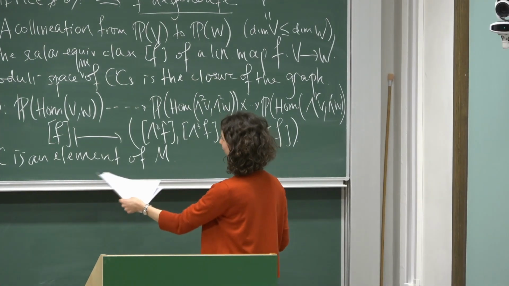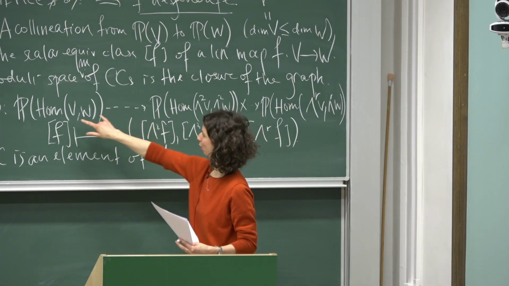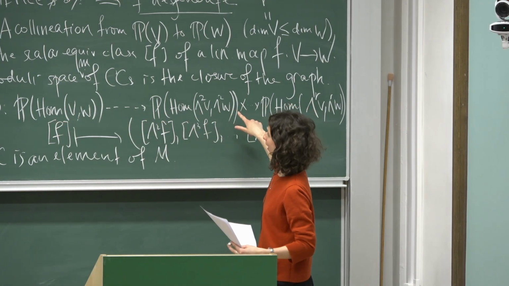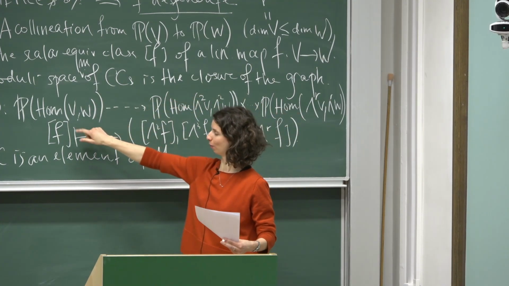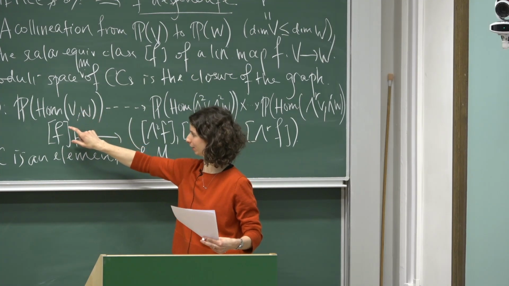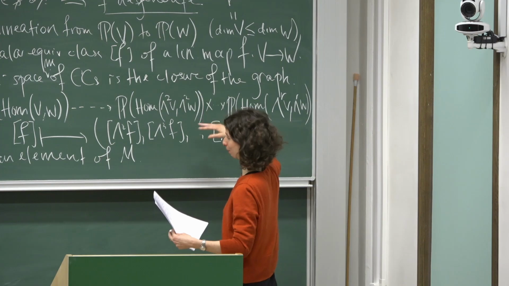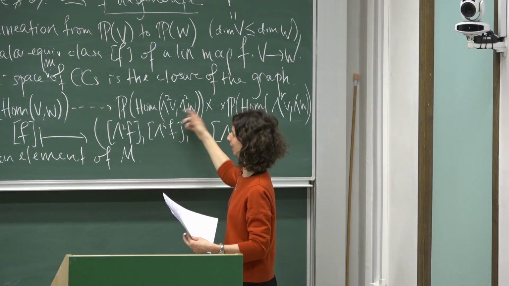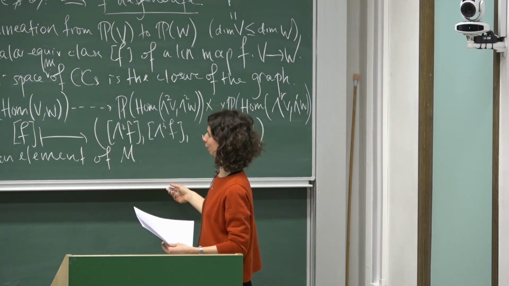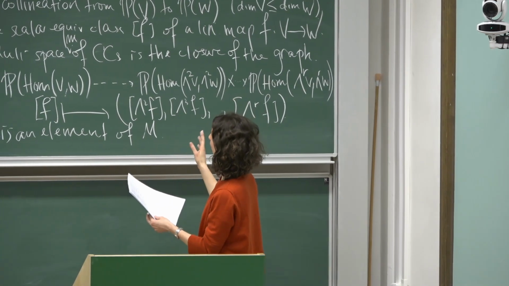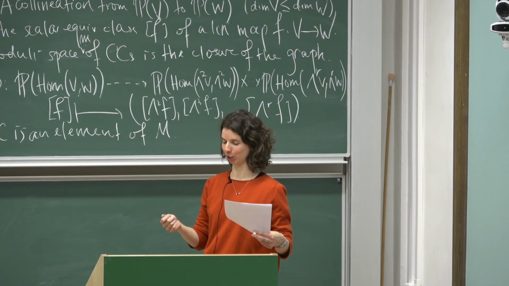Okay, so if we define a complete collineation in this way, M is living inside the product of these spaces, and if you start off with a point in this bigger product space where the first term is degenerate, then it's really not obvious to figure out what condition the subsequent terms must satisfy to actually lie inside M. What does it mean for it to be coming from a degeneration of a non-degenerate map? But coming back for a second to what I said earlier, a complete collineation gives you exactly the right information that you need when you degenerate.